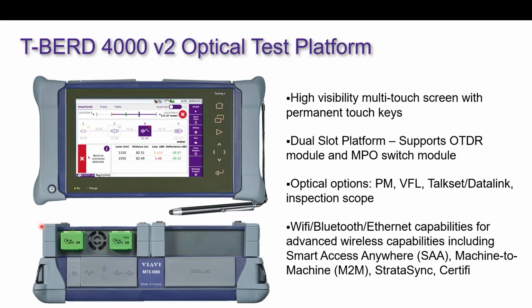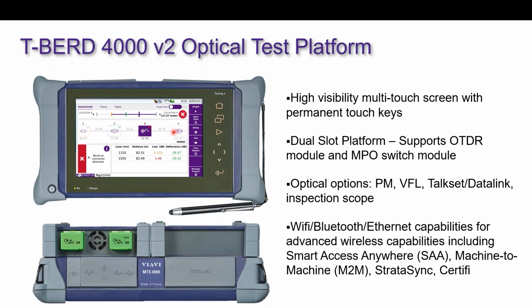This is another unique solution. This is our T-Bird 4000 OTDR. This is actually a great tool for tier 2 testing, a tier 2 OTDR. So it's going to measure all the individual events. In this case, it's showing a splice here, a connector here, a bend on a connector here, and then the end of the fiber.